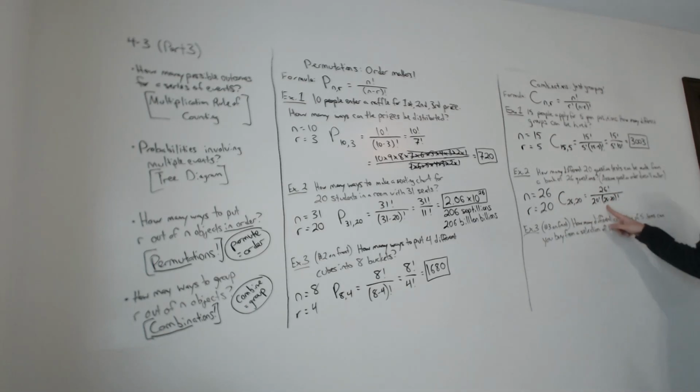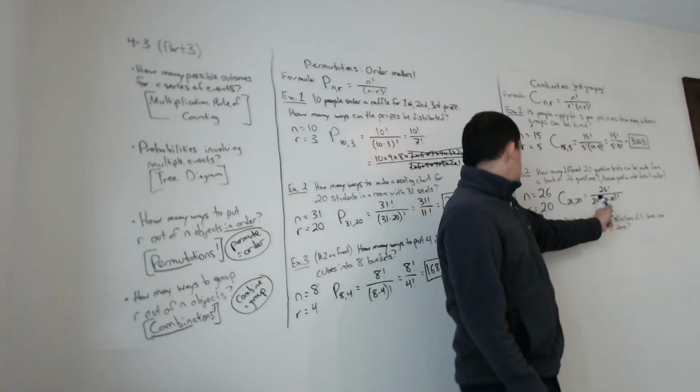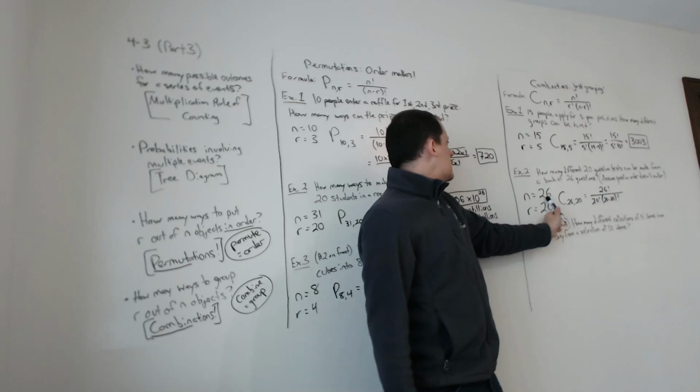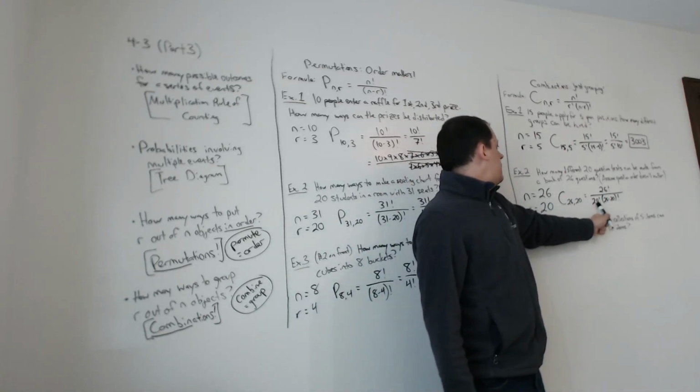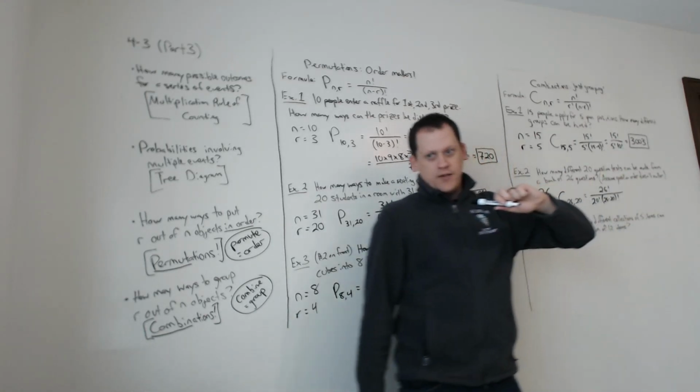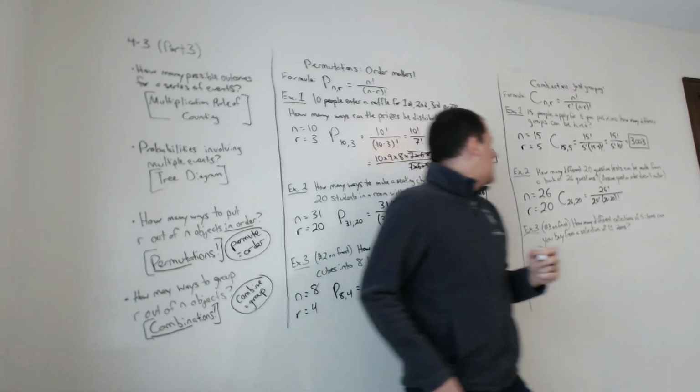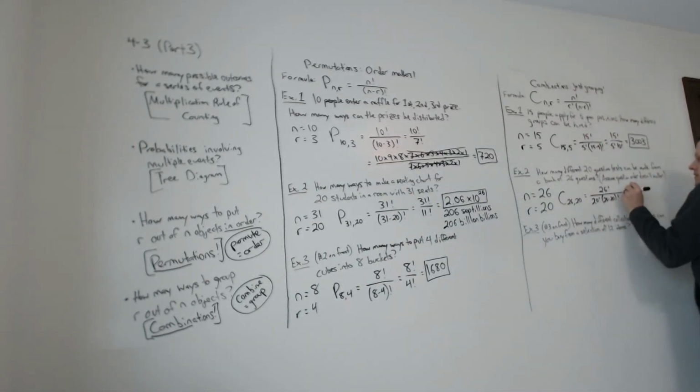So setting this up here, we've got 26 factorial, because n is 26 here, over 20 factorial times (26 minus 20) factorial. Okay. So this is 26 factorial over 20 factorial times 6 factorial.